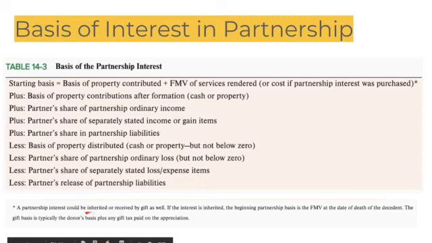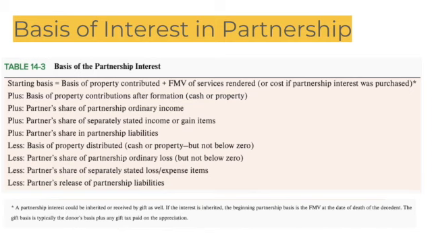Notice if you got something inherited or received by a gift, then the beginning partnership basis, much like if you get an asset as a gift, is the fair market value at the date of death of the decedent, and then a gift basis is typically the donor's basis plus any gift tax that that donor paid if it had appreciated in value.